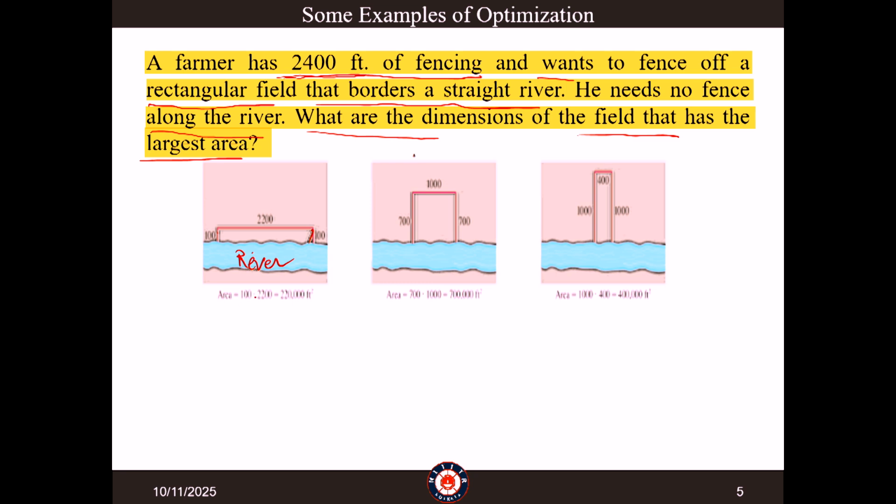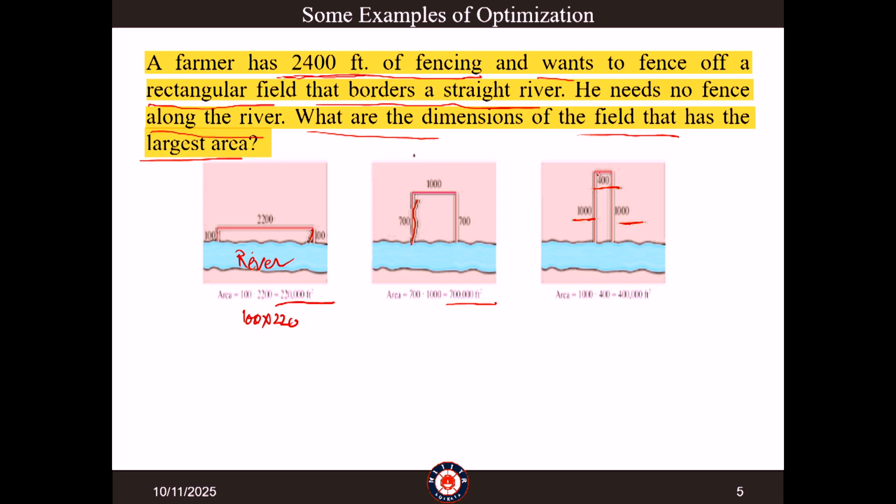So the area is 100 into 2200, that is 220,000 square feet. If I do it like this, this one is 700 and 700, that means 1400, and this one is also 2400 total, and the area is 70,000 square feet.